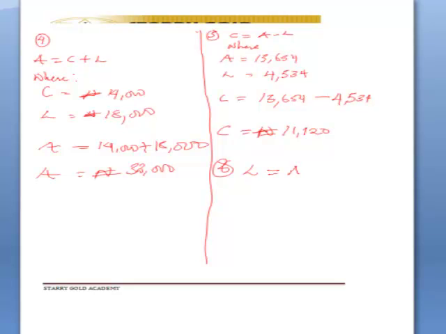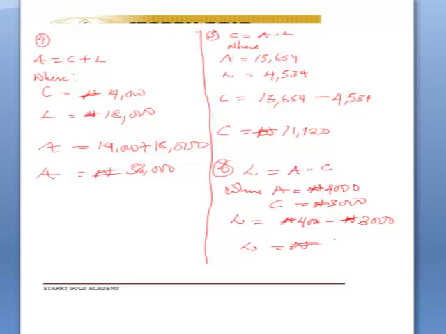So liability equals asset minus capital, where asset equals 4,000 and capital equals 3,000. So L equals 4,000 minus 3,000. Therefore L equals 1,000 naira. So that is the question on the accounting equation.